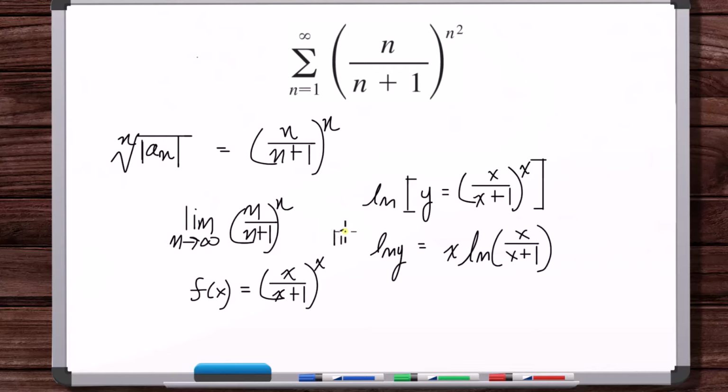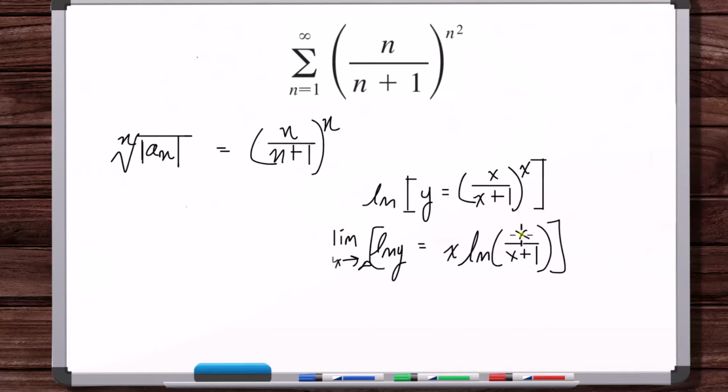Then we take the limit as x approaches infinity of this entire equation. So as x approaches infinity, x over x plus 1 goes to 1, and natural log of 1 is 0. 0 times infinity is another indeterminate form.